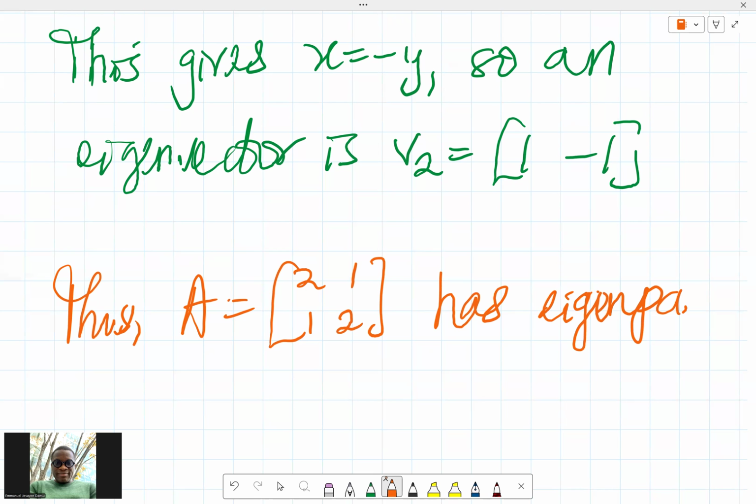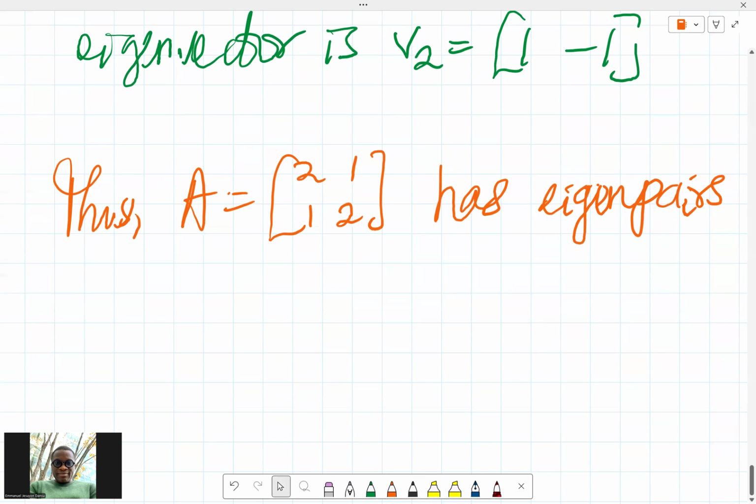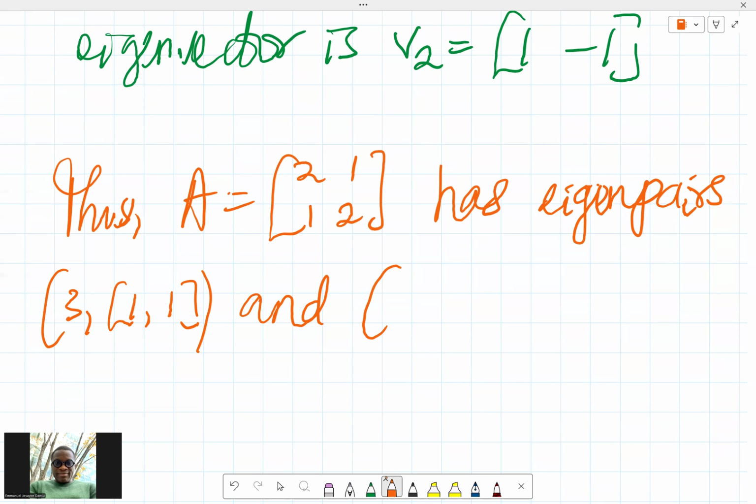Eigenpairs are the collection of eigenvalues and eigenvectors together. So A has eigenpairs (3, (1, 1)) and (1, (1, minus 1)): the eigenvalue together with the eigenvector.